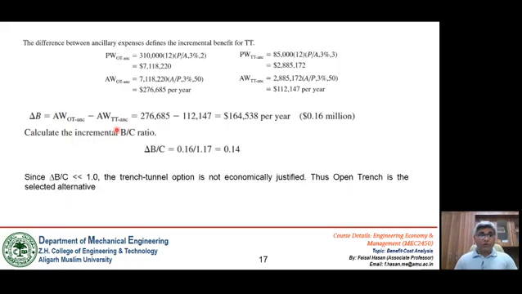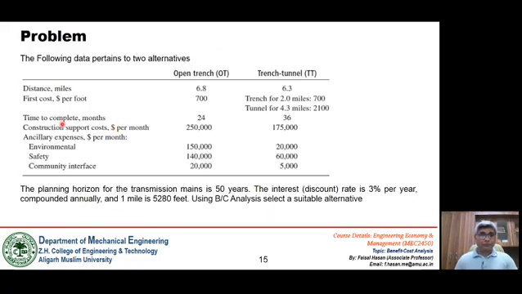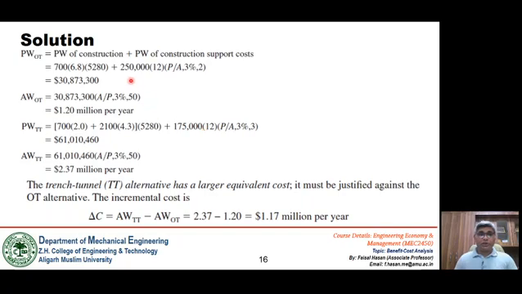But as far as the second cost is concerned, that is the construction support cost, it is given per month, that is $50,000 per month. So we have to convert this into present worth, at the present point of time. Since it is given in months, we multiply by 12.